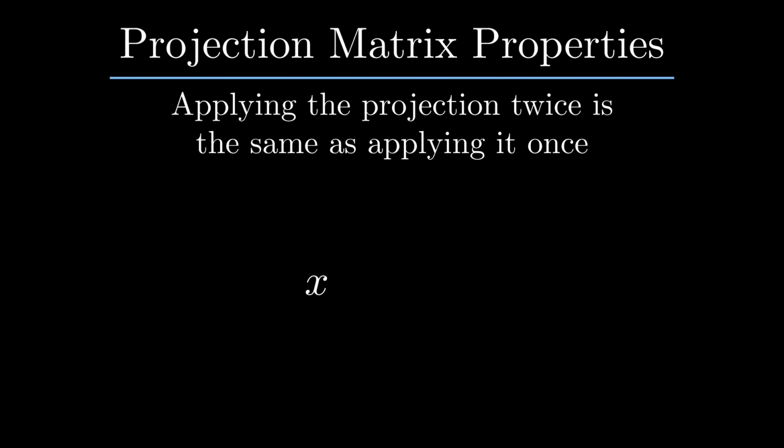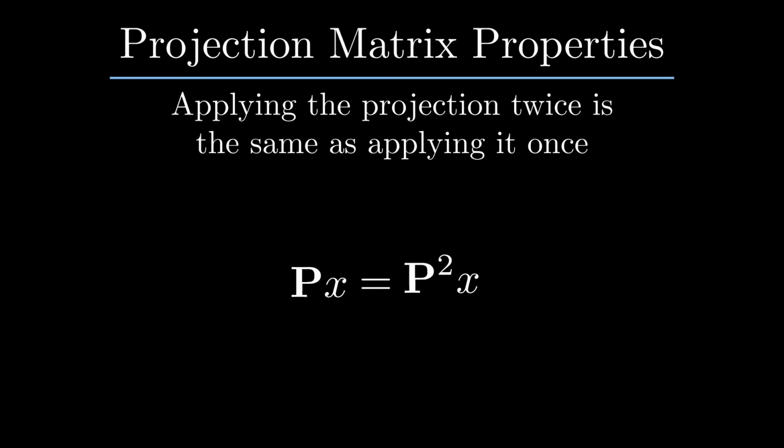Algebraically, suppose we take some vector x and then project it by multiplying Px, where P is our projector. If we try to project it again by multiplying P times Px, giving P squared x, we'll find that this has not changed the result at all.